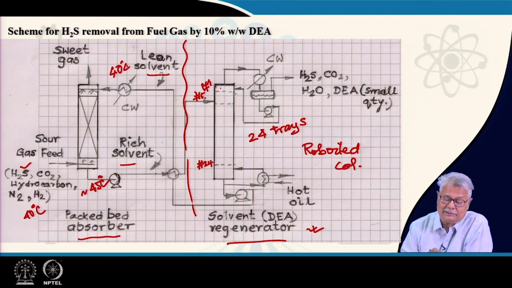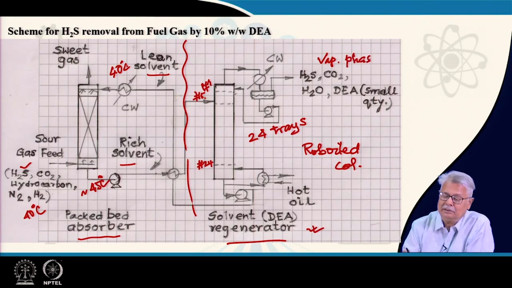Here it is something which is very important with respect to the engineering of this type of columns. One thing you will find that this is a column in which there is only a vapor draw off. It is a vapor phase which is drawn off as the top product. The accumulator, the vapor comes here, it goes to the condenser, it condenses, comes to the accumulator.